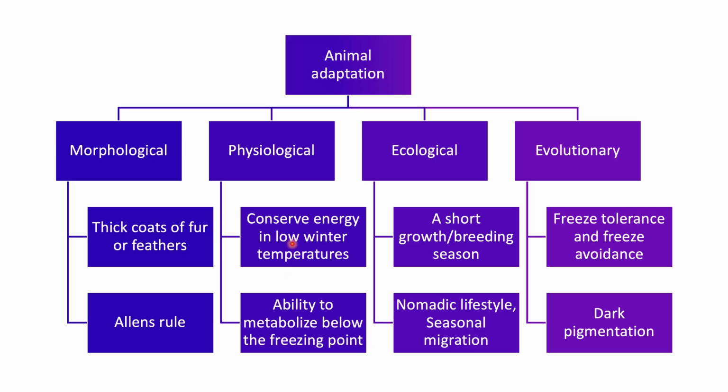These are some of the physiological adaptations. And when we look at the ecological ones, the animals have a short growth or breeding season. A nomadic lifestyle and seasonal migration are some of the very unique features seen in this Arctic region. And when we talk about the evolutionary ones, freeze tolerance and freeze avoidance are very important. Also, dark pigmentation for many creatures. These are some of the adaptations very specific to Arctic animals.